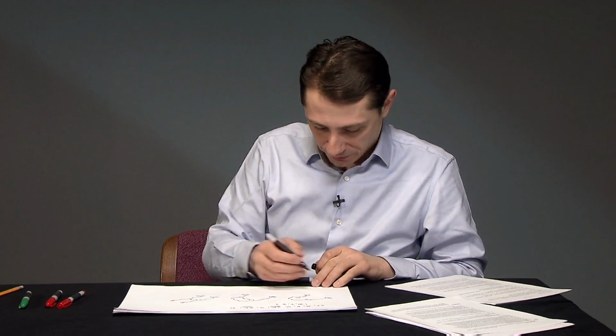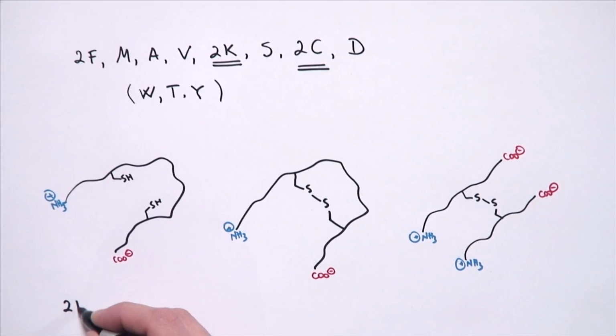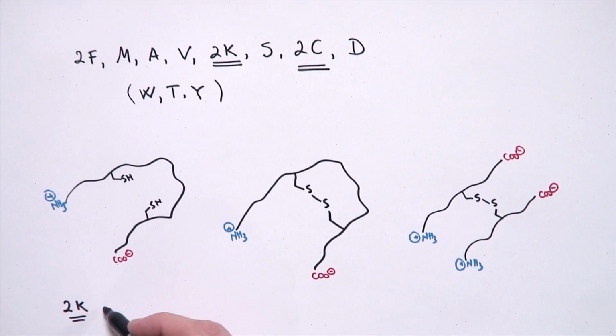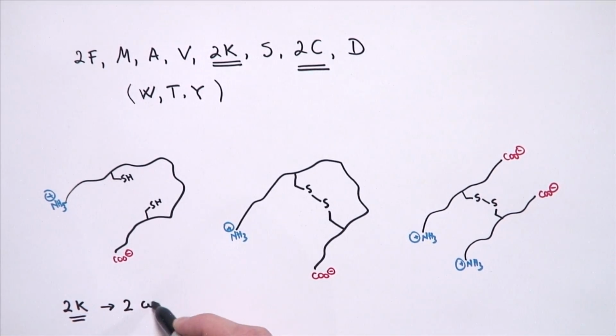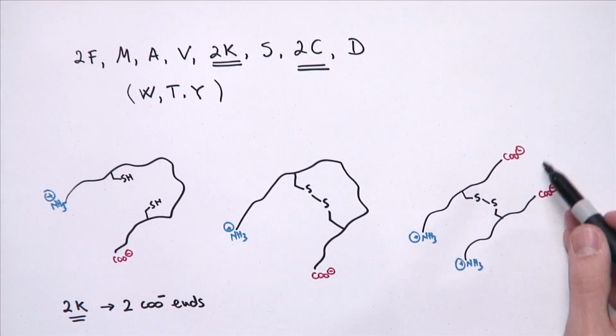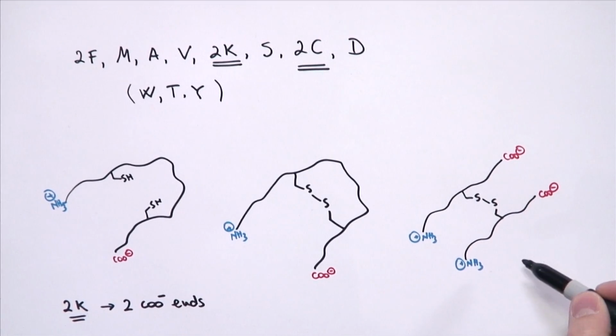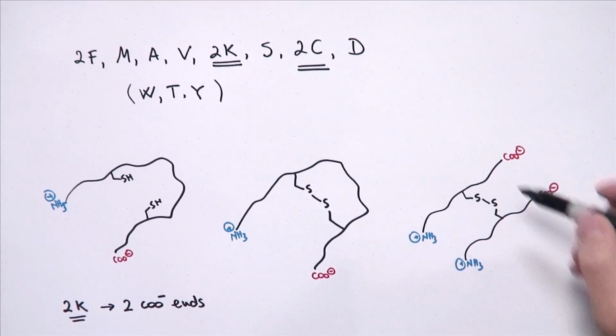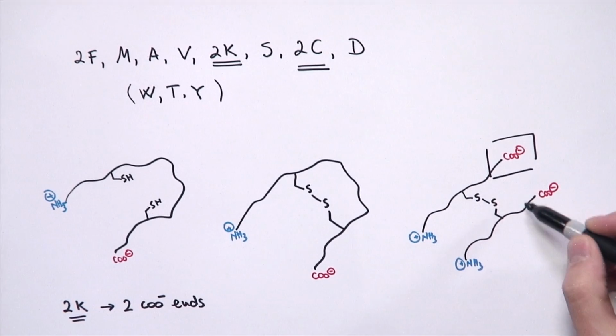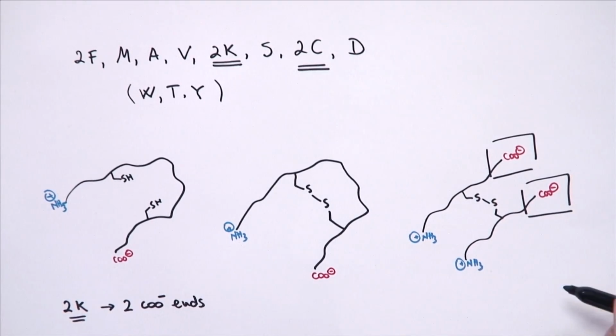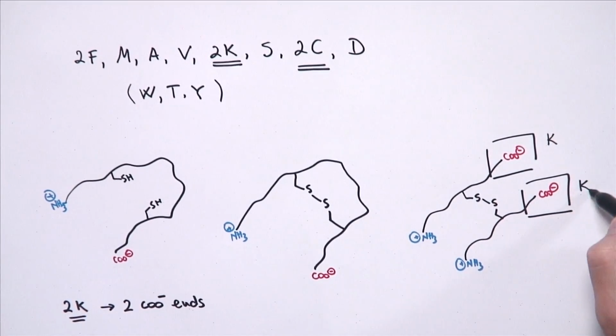So 2 lysines means we've got to have 2 carboxy ends. Therefore, this seems to be the only possibility in which we can accommodate 2 lysines. Basically, the 2 carboxy ends that we see here, each one has to be a lysine.